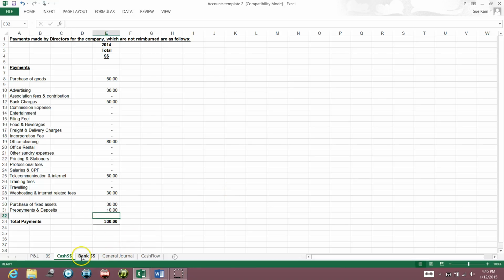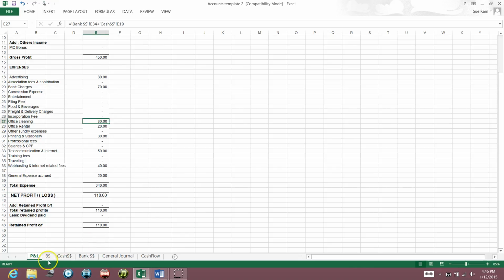So that means you only fill in the figures for the bank, which means payments made by the directors for the company which are not reimbursed back to the director yet. You only fill three sheets: bank, cash, and this general journal. So the profit and loss account will be auto generated.